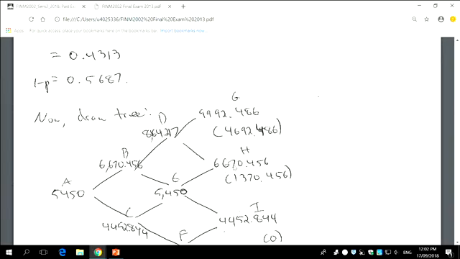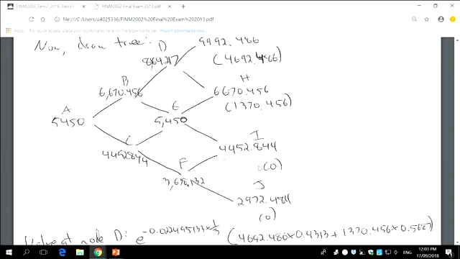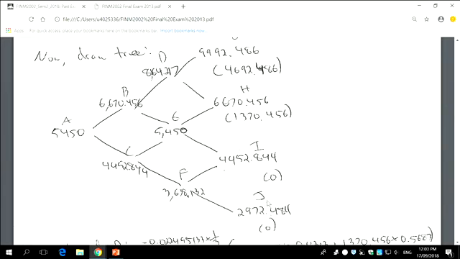Again down here, 6670.456 minus 5,300 gives me 1370.456. And then down here, I don't exercise the option, because the exercise price is 5,300. I'd rather pay the cheaper price of 4452 and 2972 than 5,300. So we have 0 payoffs down here.